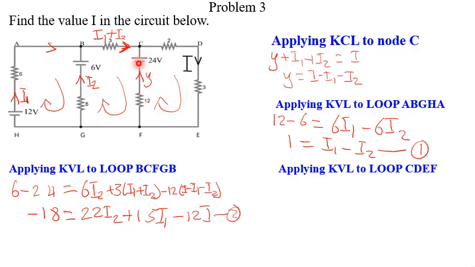Realize that the voltage source here is 24. We only have one voltage source if we are considering this last loop. So we are moving from a lower potential to a higher potential, which makes it a positive voltage. So we have 24 equals the voltage drop. Our first voltage drop is this 12 times y, which we know the value of y as this.